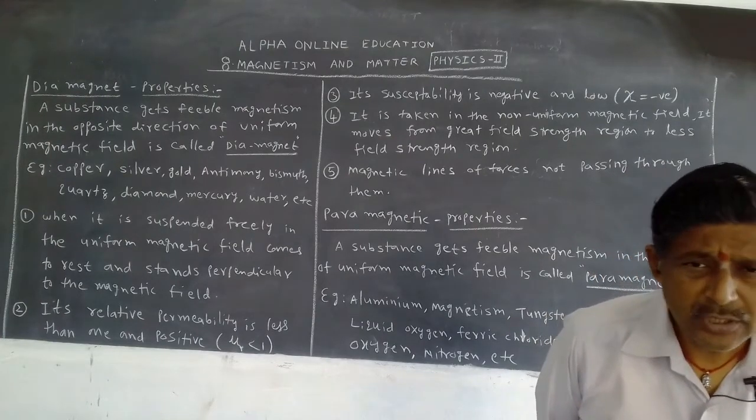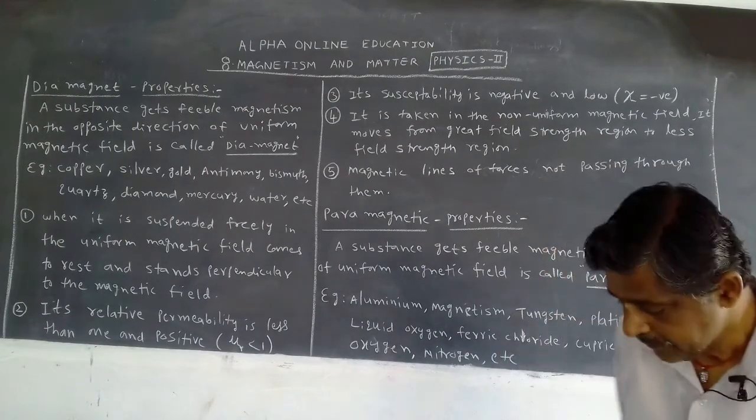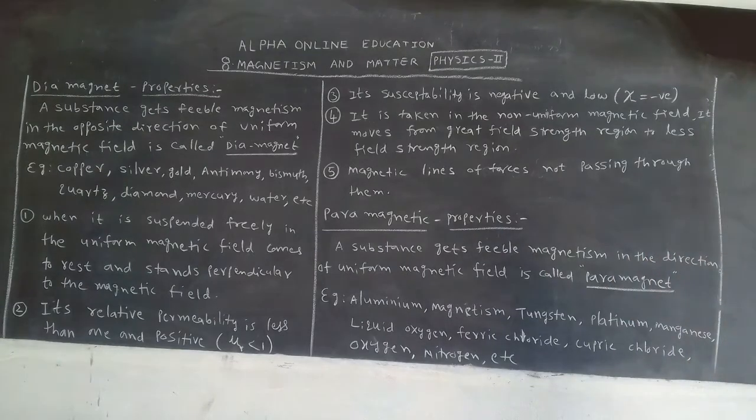This is about paramagnet. Now, what are the examples for a paramagnet? A number of them are there. Few I am giving: aluminium, magnesium, tungsten, platinum, manganese, liquid oxygen.